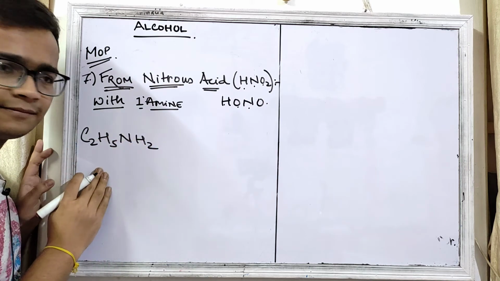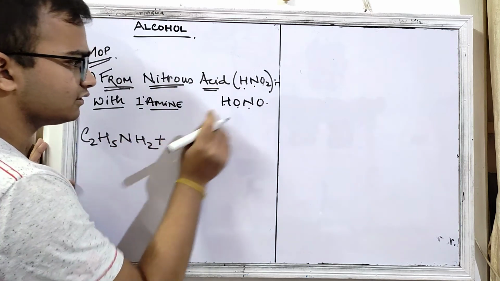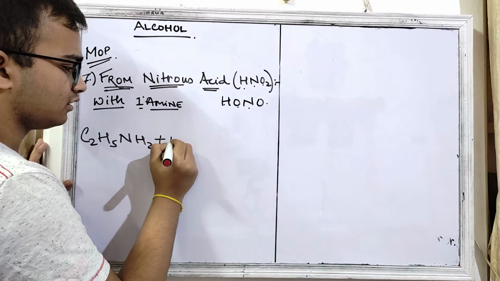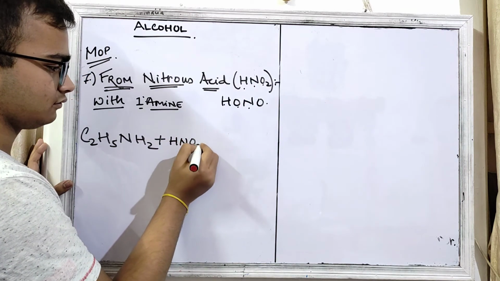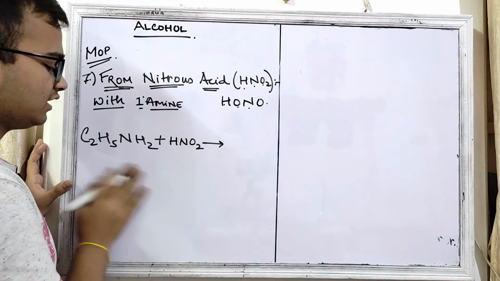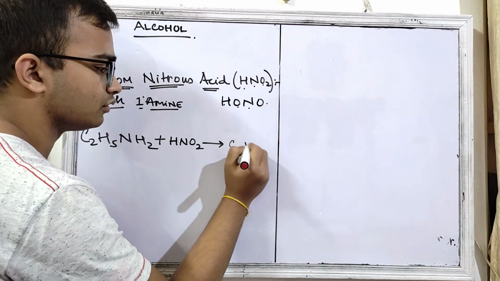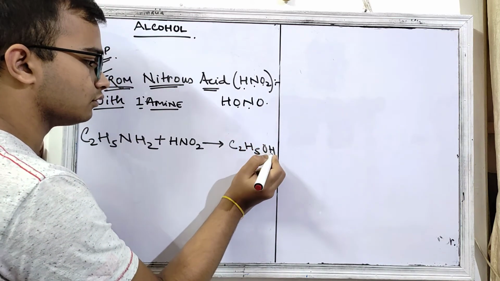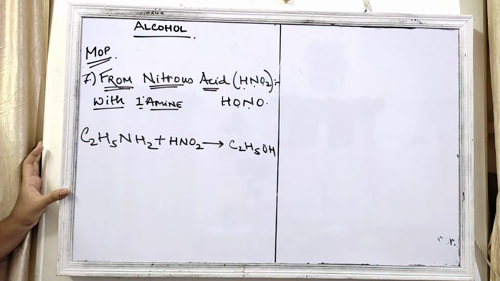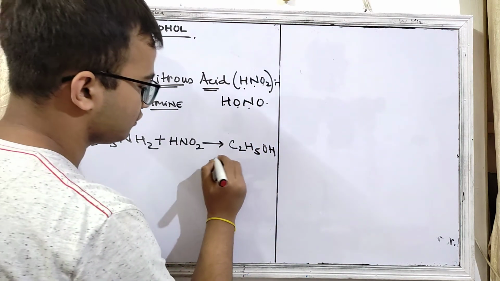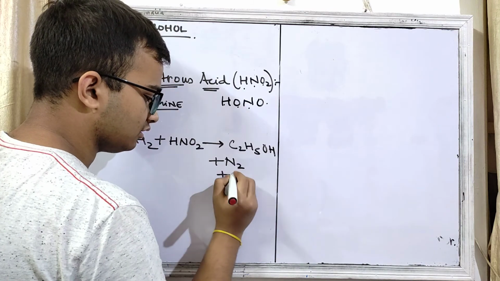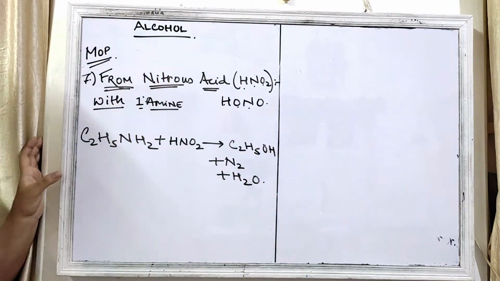Now I am going to treat it with this HONO, or you can write HNO2 for this case. Okay, so you will get C2H5OH, and also along with it you are going to get nitrogen N2 and H2O, right?